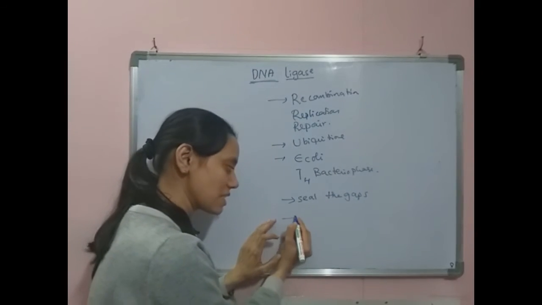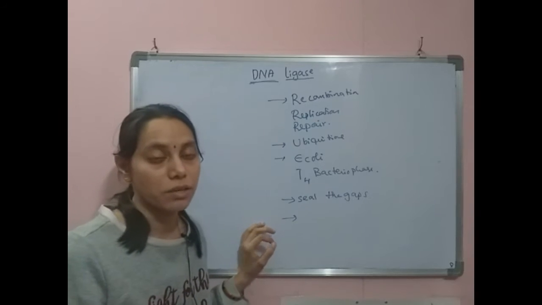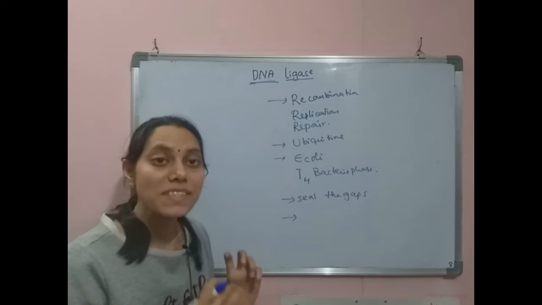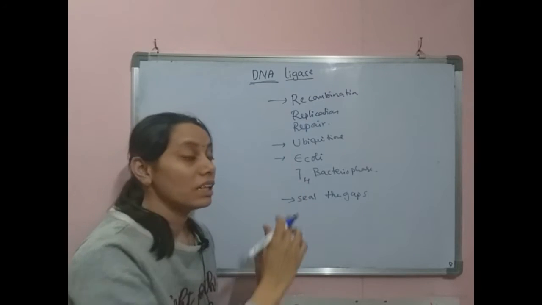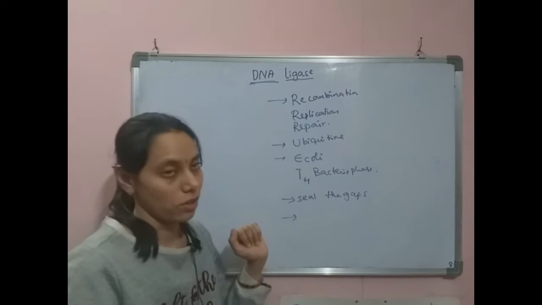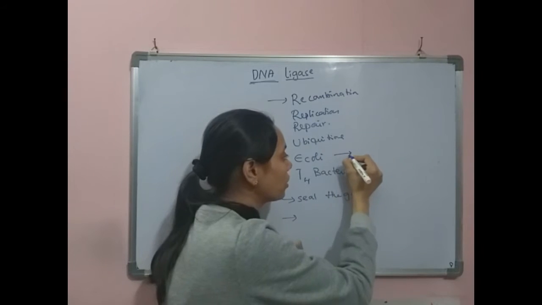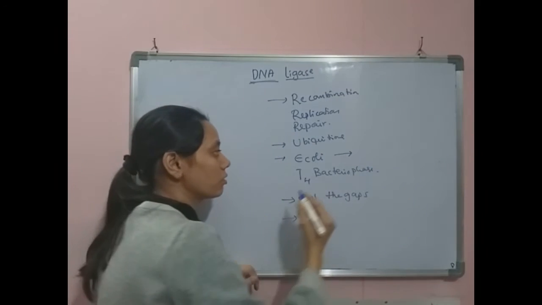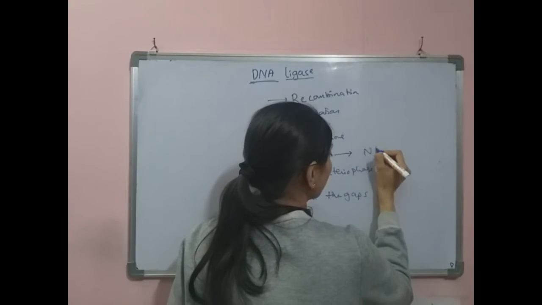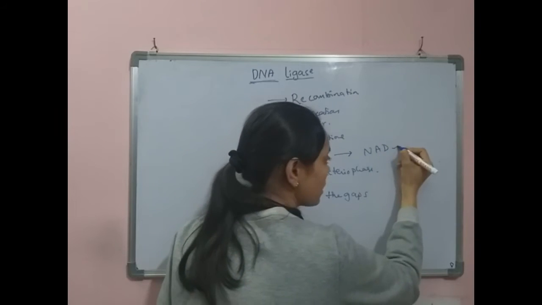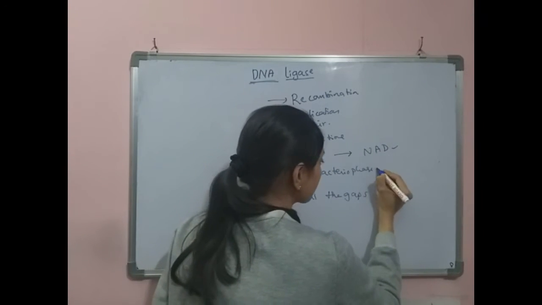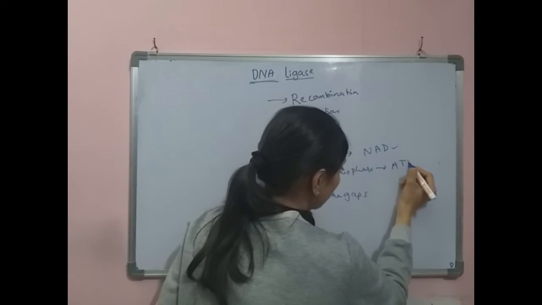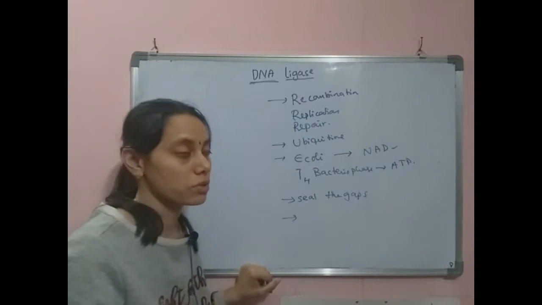It is an ATP dependent enzyme, that means it requires energy. Based on the type of enzyme, the energy requirements are different. For E. coli, it needs NAD as an energy source, and for the T4 bacteriophage type of ligase, it needs ATP as an energy source.